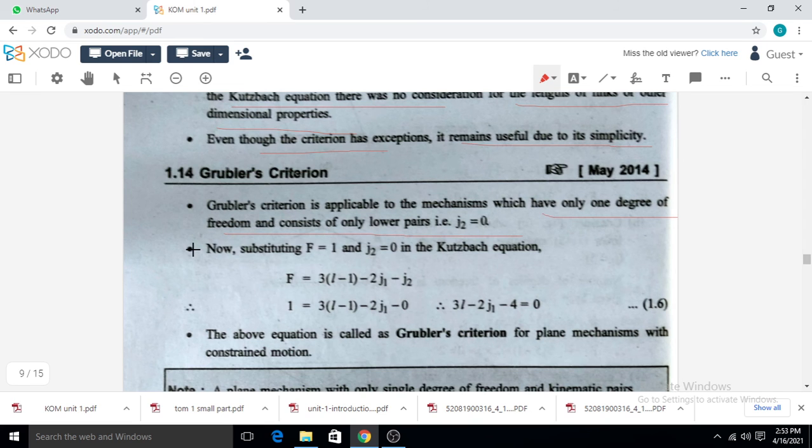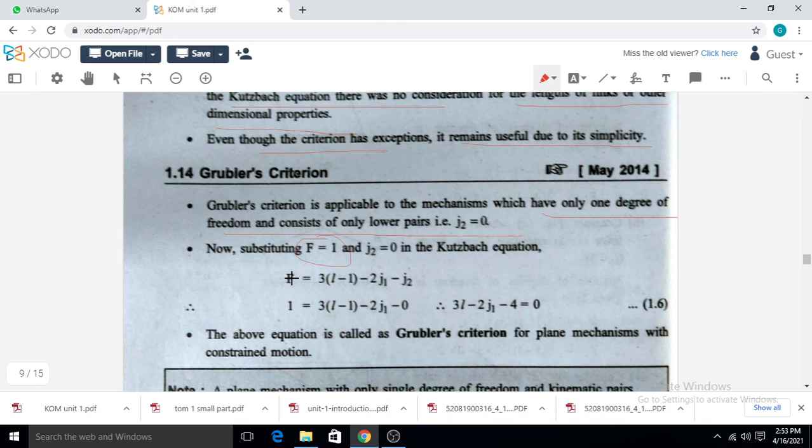Means it is a subpart of the Kutzbach's criterion. So when we put F is equal to 1, meaning the mechanism has one degree of freedom, and it does not consist of a higher pair, meaning J2 is equal to 0.